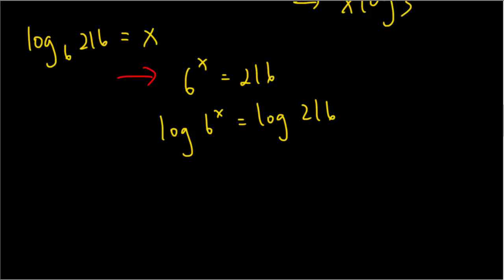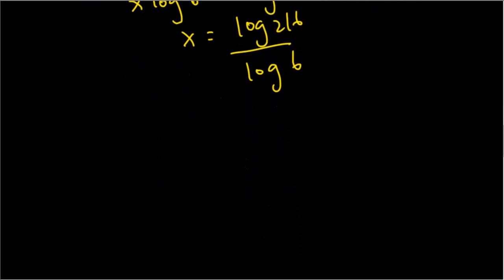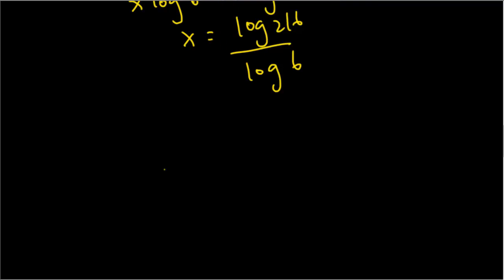I can simplify this into x log of 6 equals log of 216. Therefore x equals log of 216 over log of 6. If I bring up my calculator, log of 216 divided by log of 6 gives me 3. So the answer is 3.